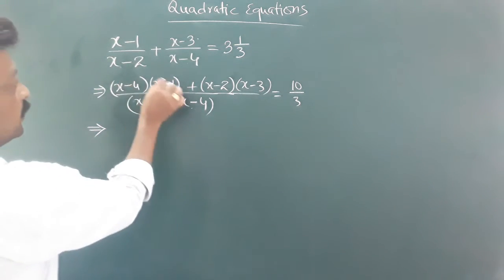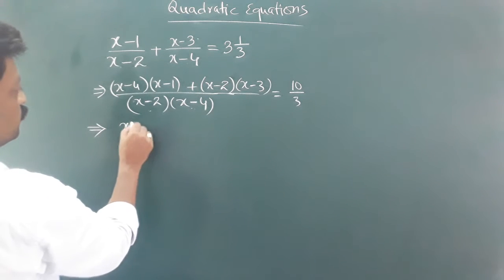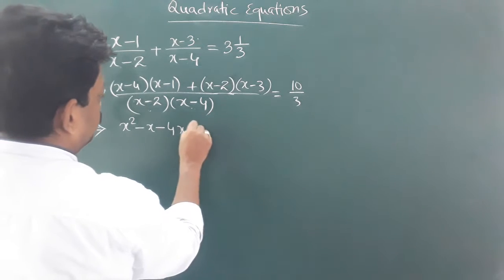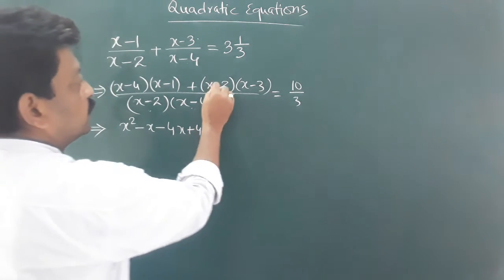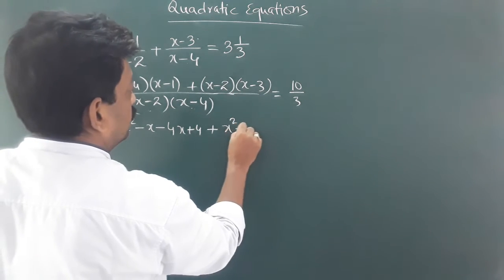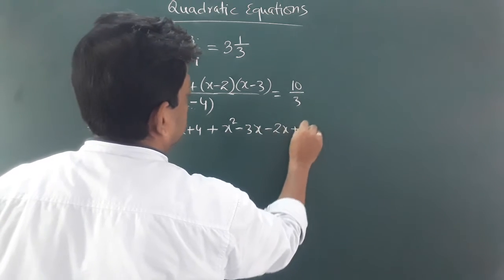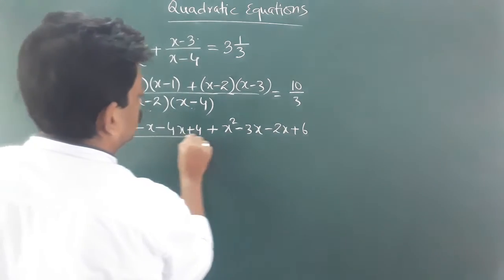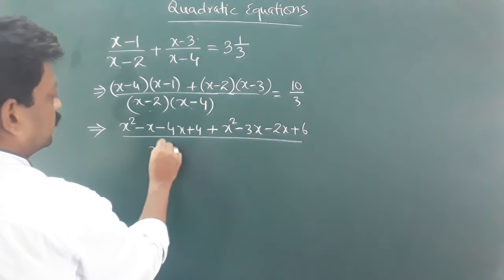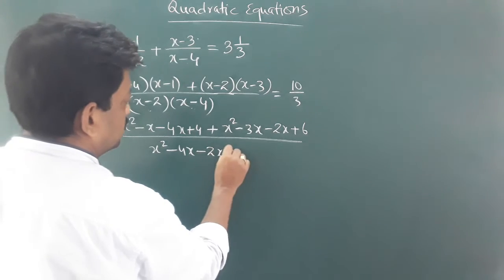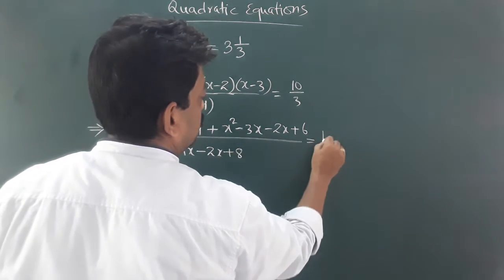Now direct multiplication of this. So it will be x square minus x minus 4x plus 4, and this one x square minus 3x minus 2x plus 6, whole divided by x square minus 4x minus 2x plus 8 equals to 10 upon 3.